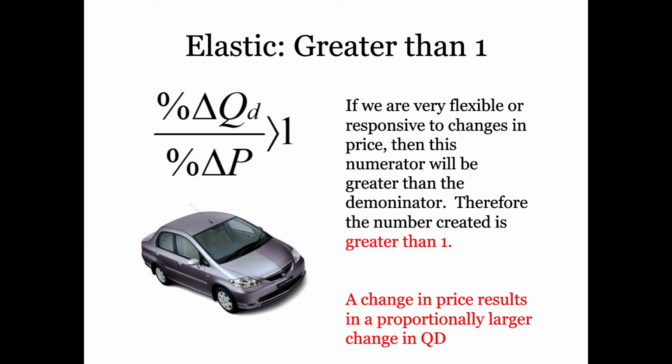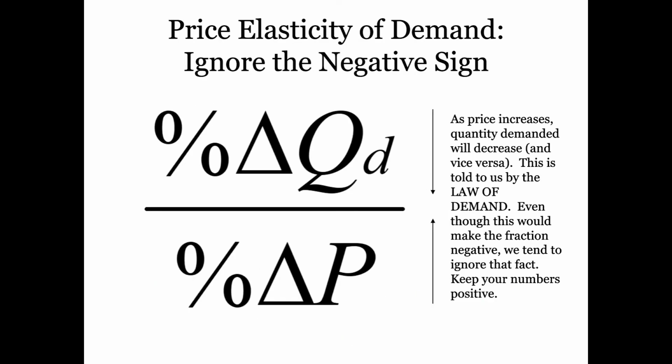Whereas with elastic, it's always going to be greater than 1, and a change in price results in a proportionally larger change in quantity demanded. So we've got these two concepts, and you just need to know how to interpret the number, or be able to look at the diagram and the slope and know if that's relatively inelastic or elastic.